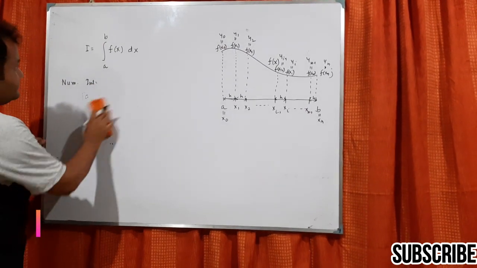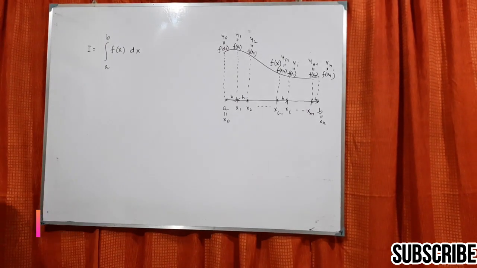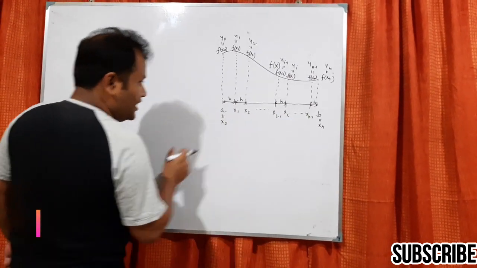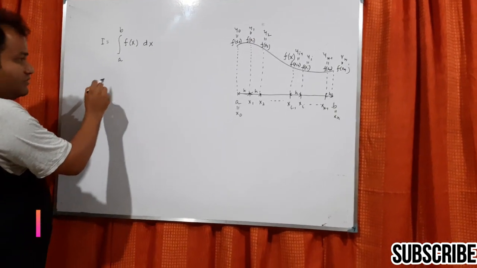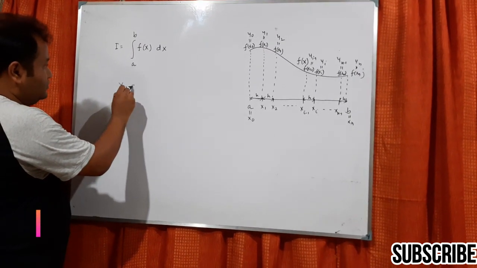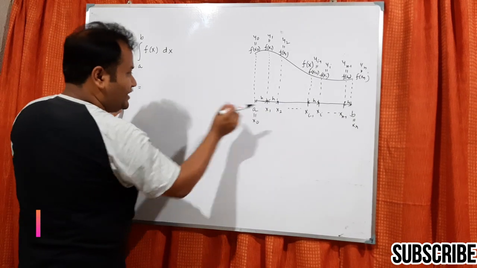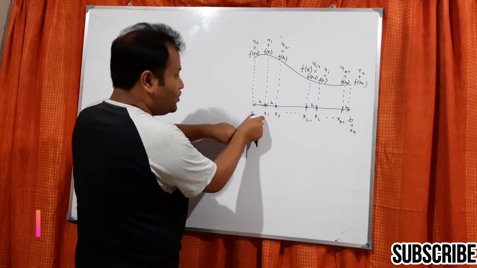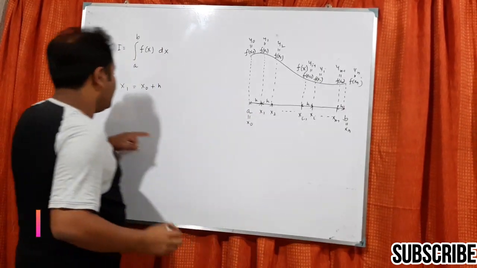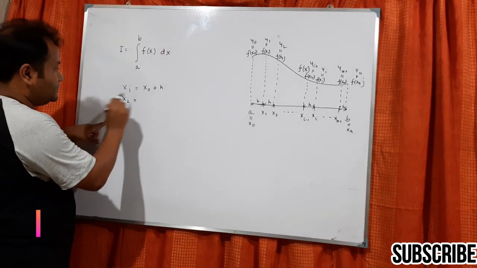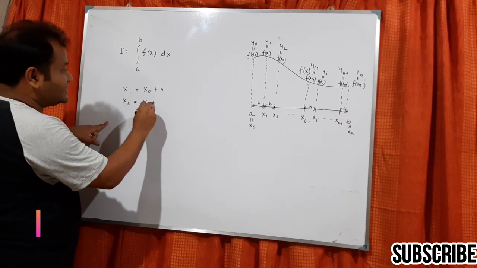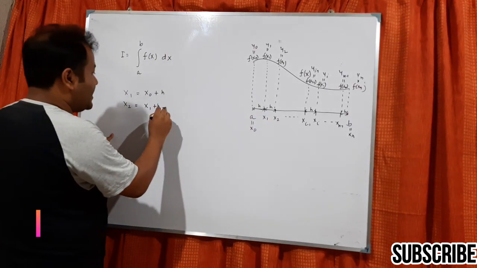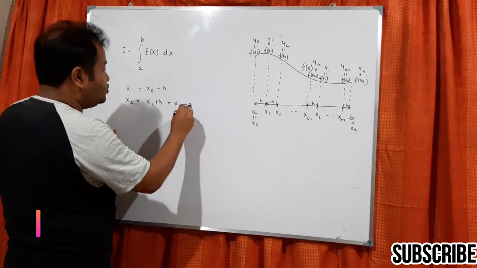So now think, if I take any point from here, say x1, how can we write that? x1 can be written as x naught plus h. So with x naught, if you add h, you go to x1. How can x2 be written? x1 plus h, or you can write x naught plus 2 times h.